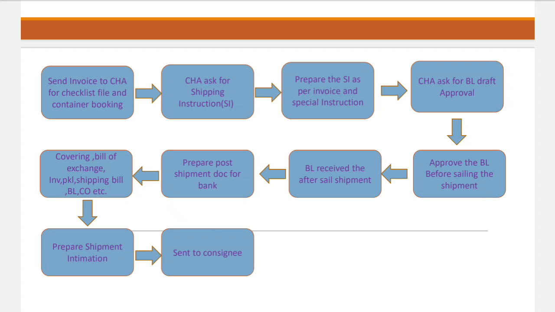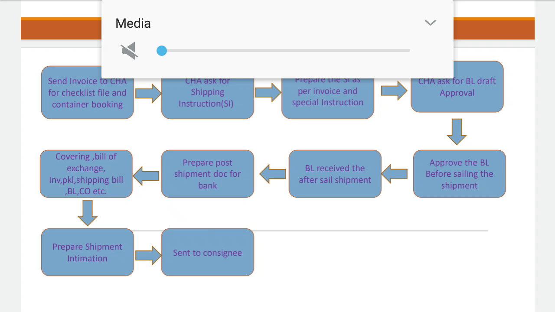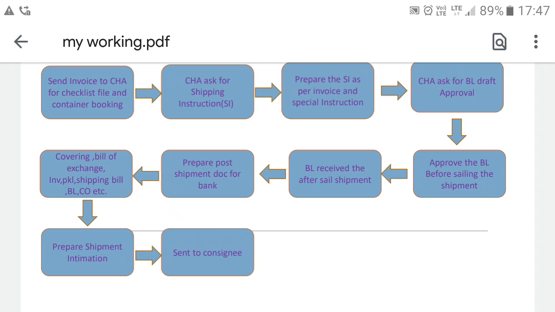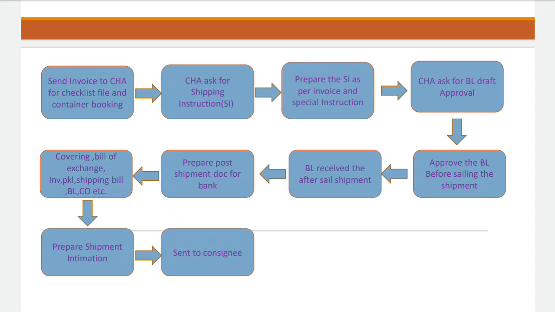So how does this process happen? We inform our CHA by providing the commercial invoice that we require a container for the export procedure. Then our CHA will send an empty container to the factory for dispatching the goods.